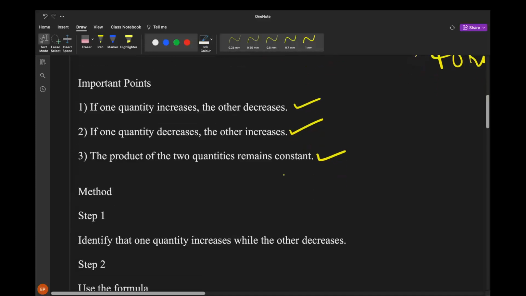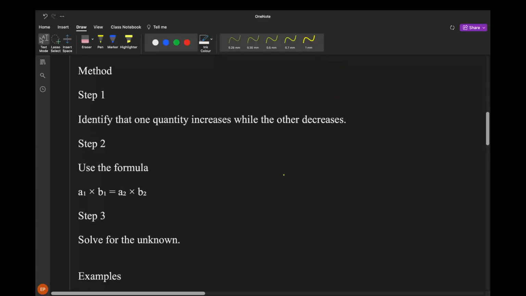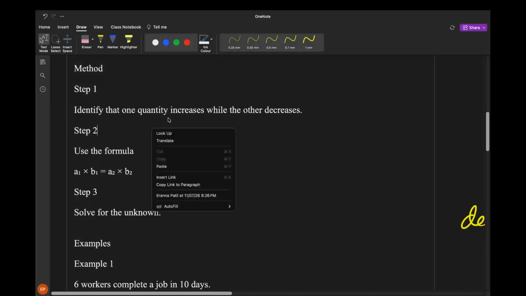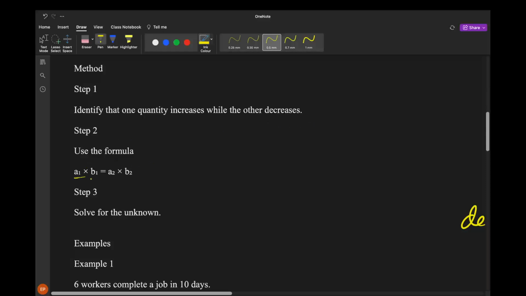Let me show. Here are the steps. Step 1: identify that one quantity increases while the other decreases. Step 2: use the formula A1 into B1 equals A2 into B2. Step 3: solve for the unknown.